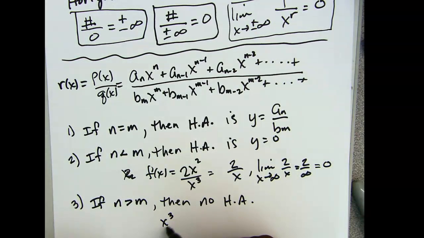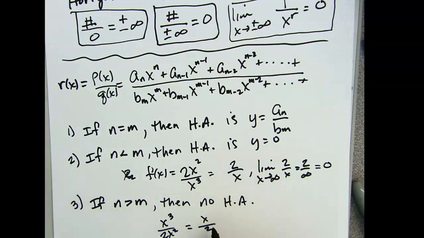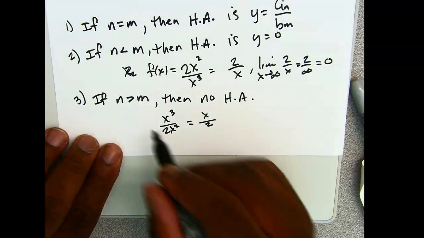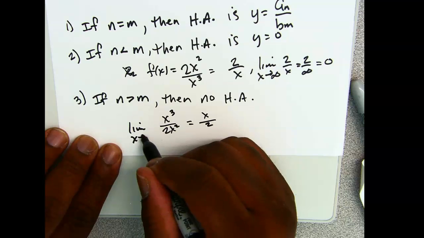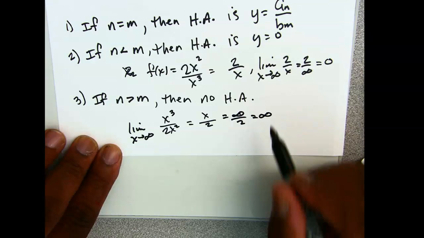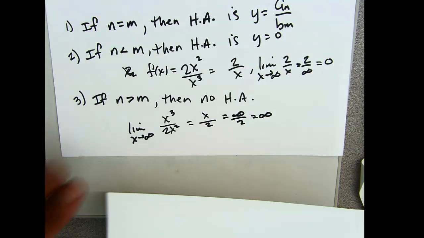So again, x cubed over 2x squared, well, if we simplify that, we end up with x over 2, and the limit as x goes to infinity here would end up being infinity over 2, which is infinity. So that's unbounded. So you have no horizontal asymptote there.